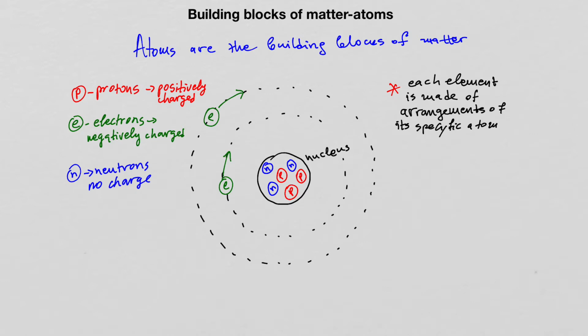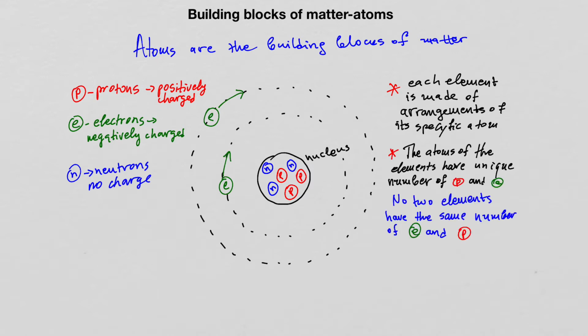Each element is made of arrangements of its specific atoms, and the atoms of the elements have a unique number of protons and electrons, and there are no two elements that have the same number of electrons and protons.